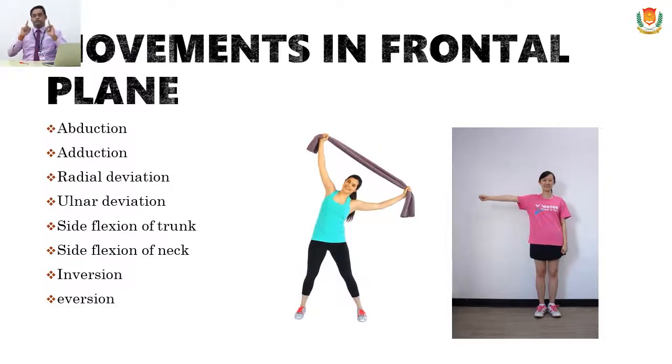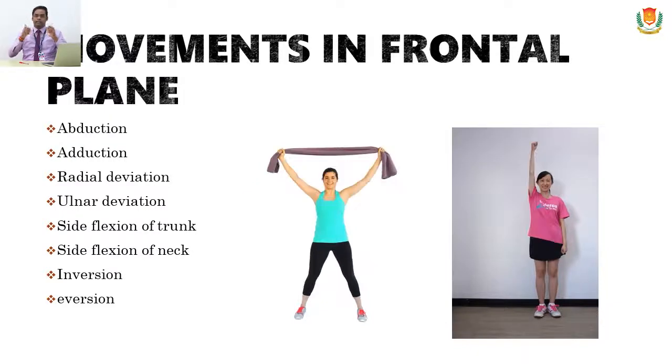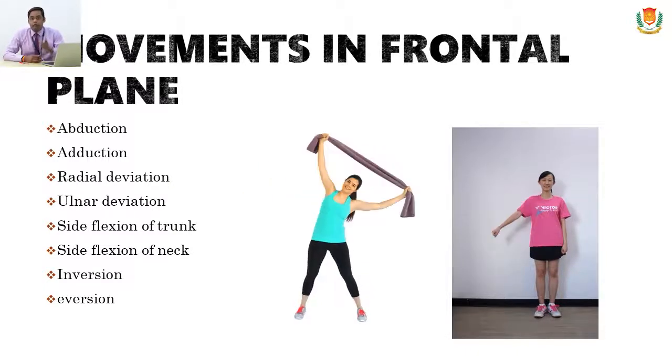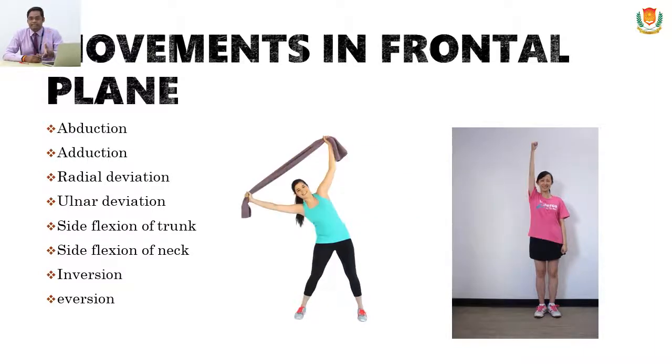It can be side bending of the head, side bending of the cervical spine or the neck, and side bending of the lumbar spine or the lower back. That corresponds to the frontal plane, and always remember, it happens around the sagittal axis.